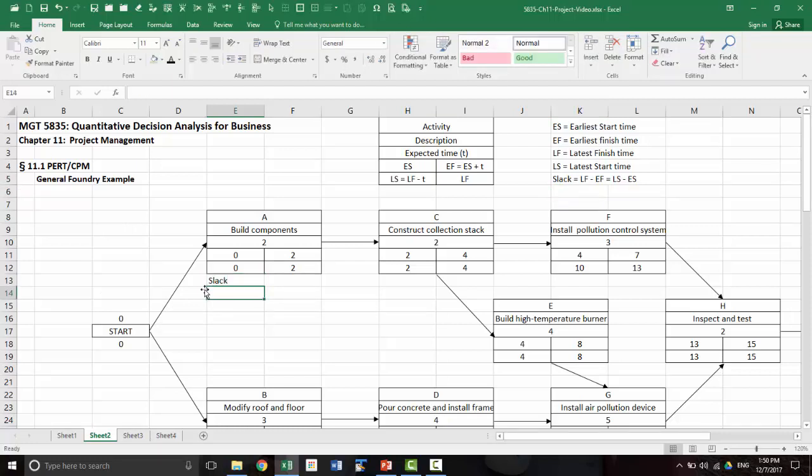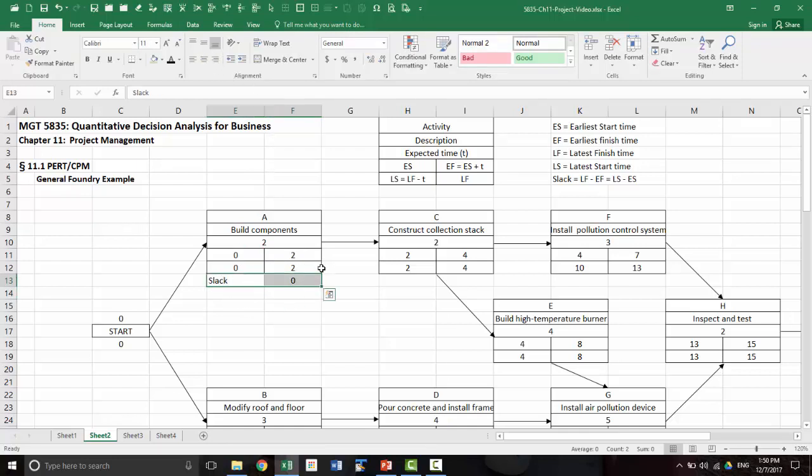Slack is the latest finish time minus the earliest finish time, or we can compute that with the start times also. Both are the same.